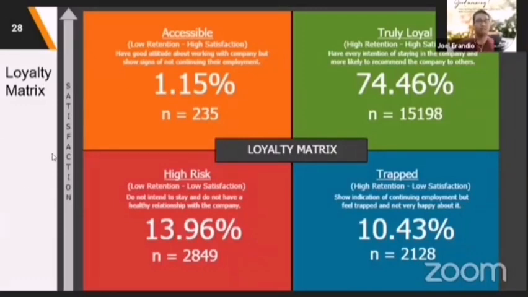At the same time, satisfaction talks about the current state, your overall satisfaction in any aspect inside the university. And we can combine the information of your retention or behavior and the satisfaction into what we call the loyalty matrix.